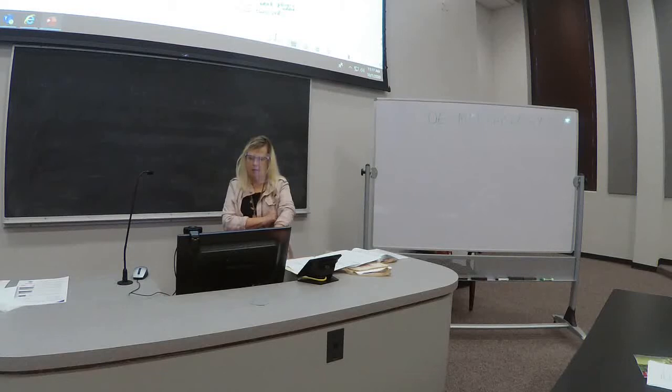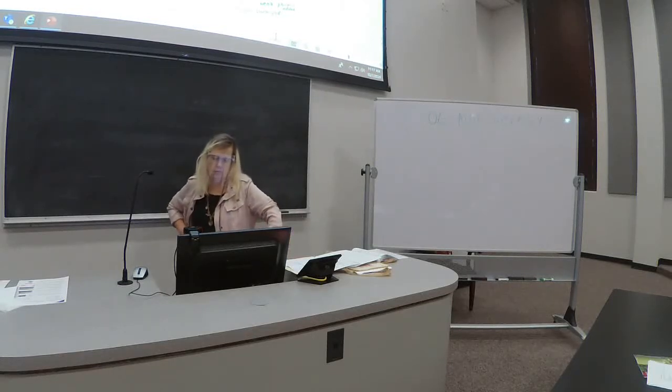Now I have posted this PowerPoint already. I put it up there yesterday. So you don't need to copy this. It looks complicated, but we're going to go over this word by word.